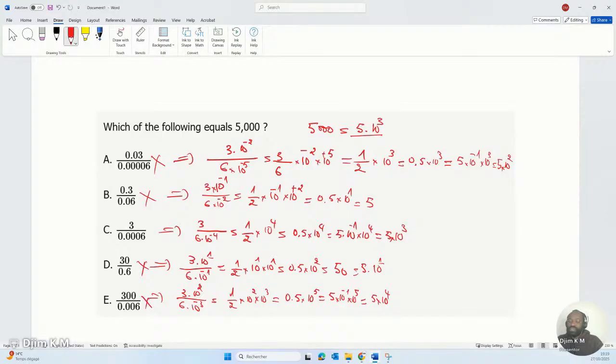So this is also not our answer. So our answer is answer C.